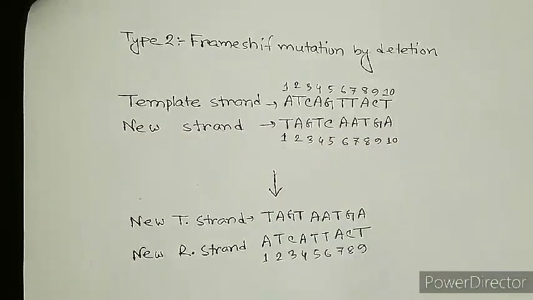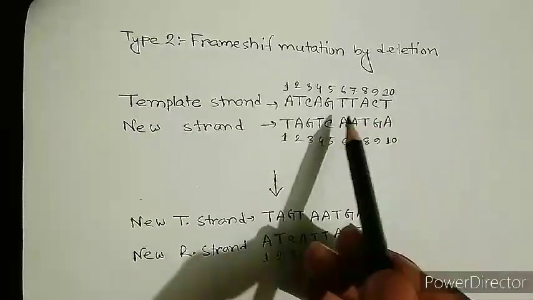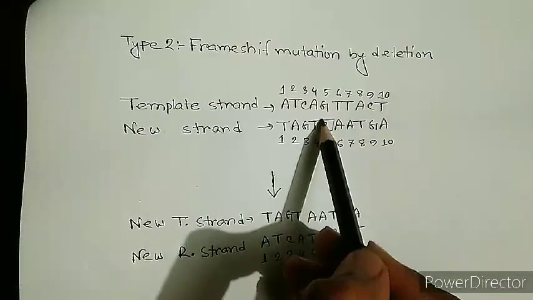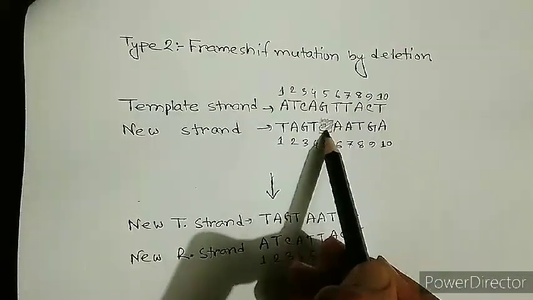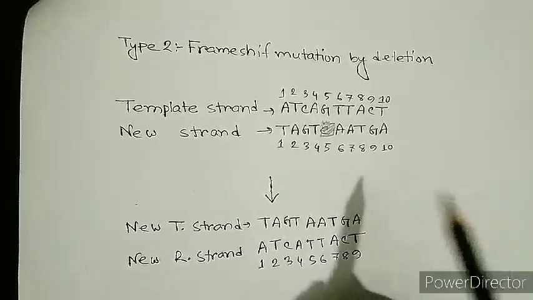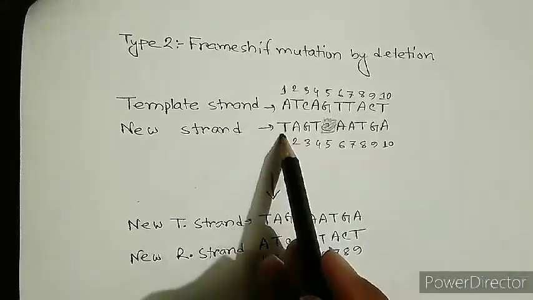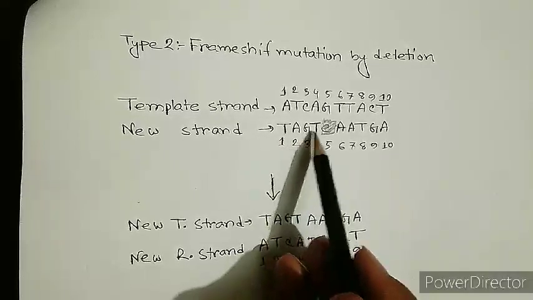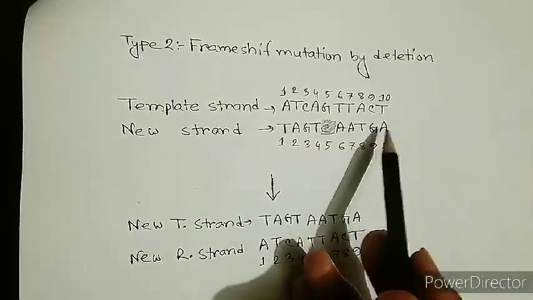Now, in case of frameshift mutation by deletion, an intercalating agent replaces a base. For example, this C has been replaced by an intercalating agent. So the base sequence has become TAGT AATGA.